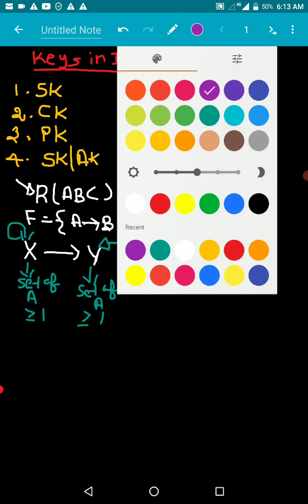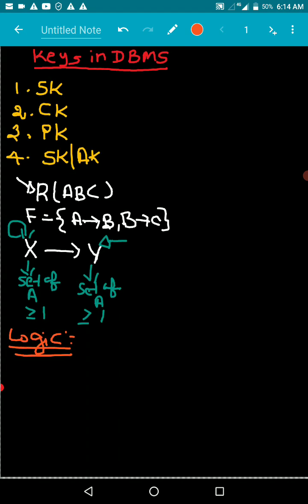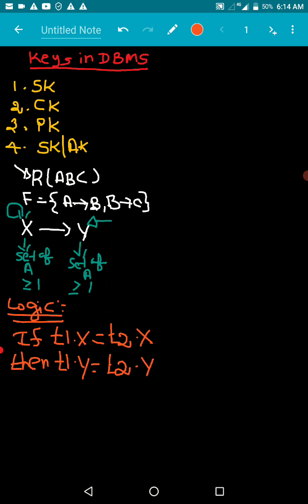Mathematically we can define it: if d1.X equals d2.X, then d1.Y is equal to d2.Y, which means whenever an X value is repeated in the particular attributes, then the corresponding Y values are the same.